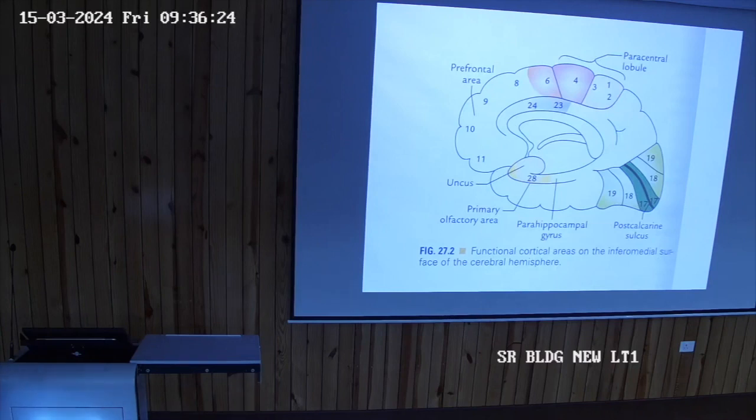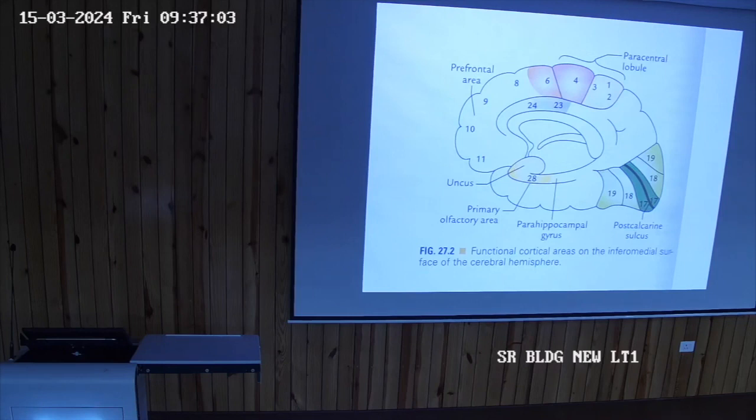Then look at the prefrontal area, 9, 10, 11. Listen carefully, in a normal person the prefrontal area is generating frustration, tension, anxiety. All these things are generated from the prefrontal area. If removed, there is no problem, no anxiety, no tension, right?